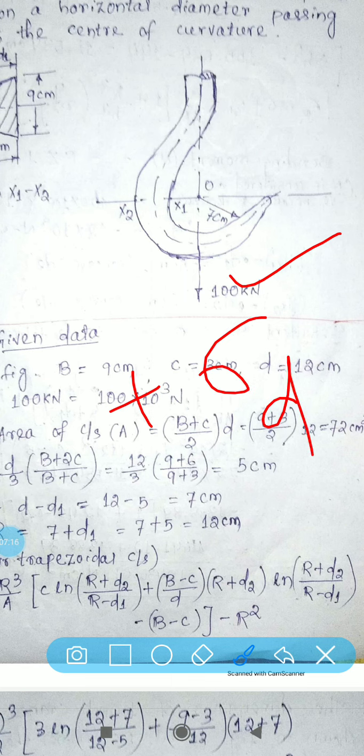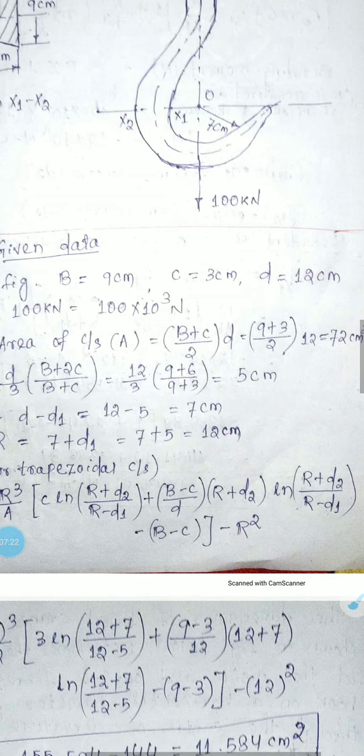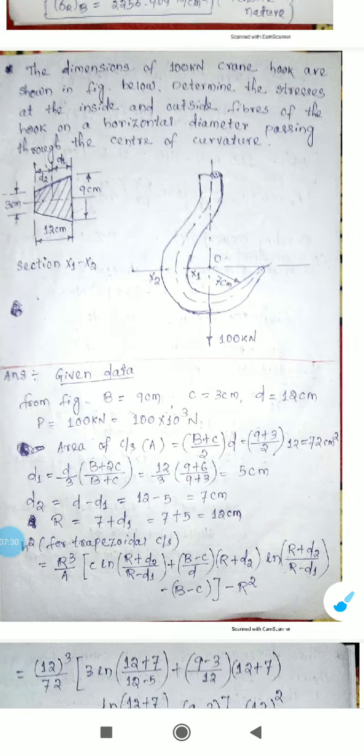If the beam is subjected to compressive loading, then sigma d will be negative.